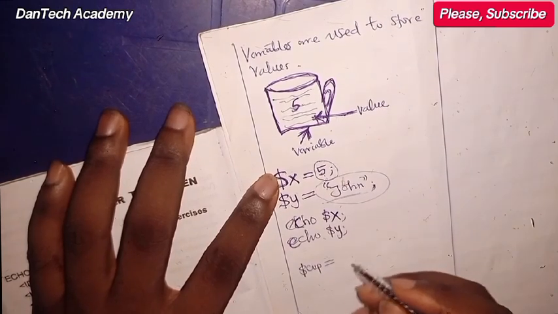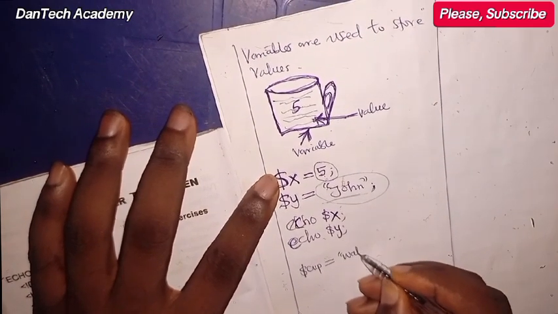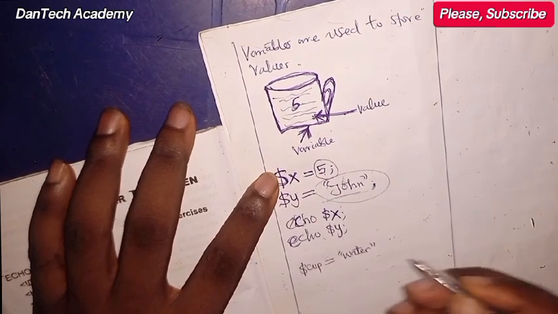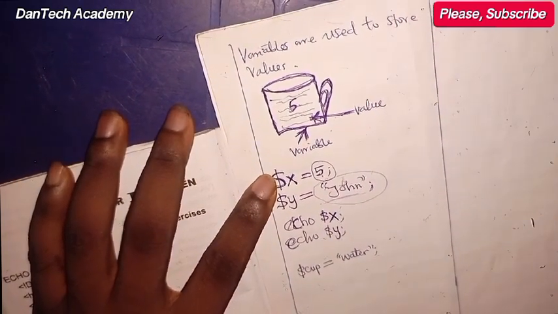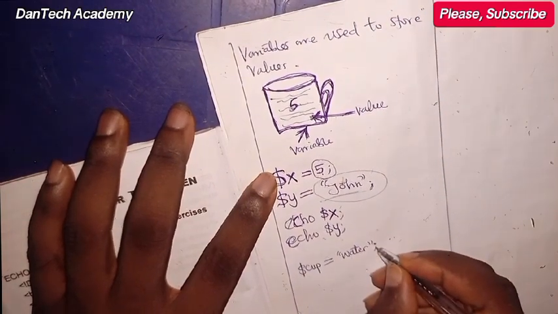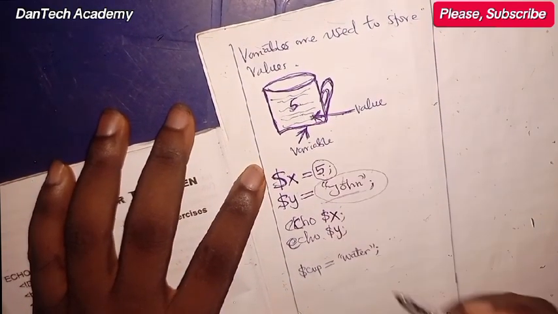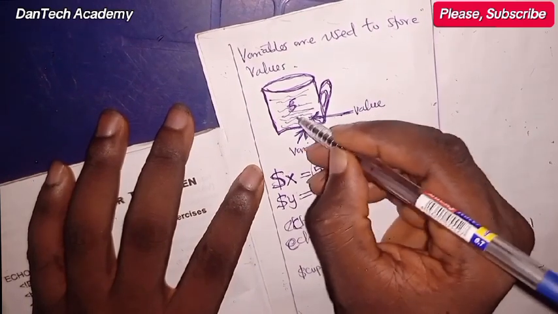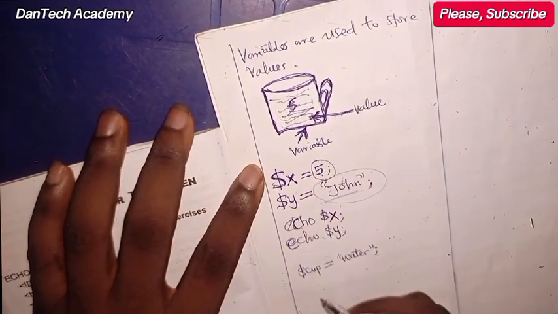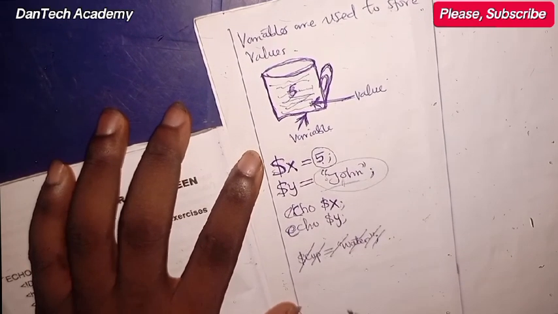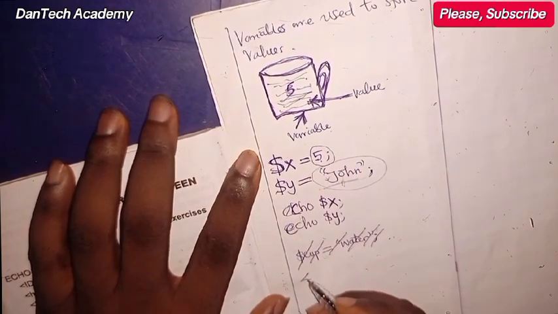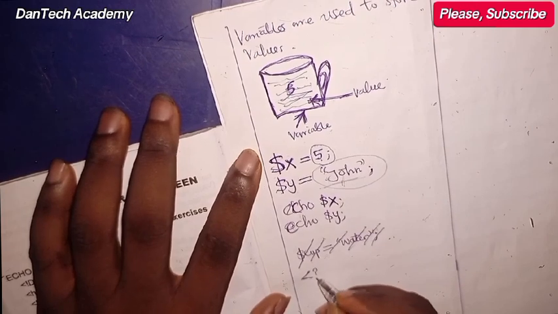The value I will assign to it is water. So water is inside the cup that happens to be our variable. So this cup here, we have water. So you can see all these things are water inside. So if I want to, let me start again. The first thing you do is to open the PHP tag.